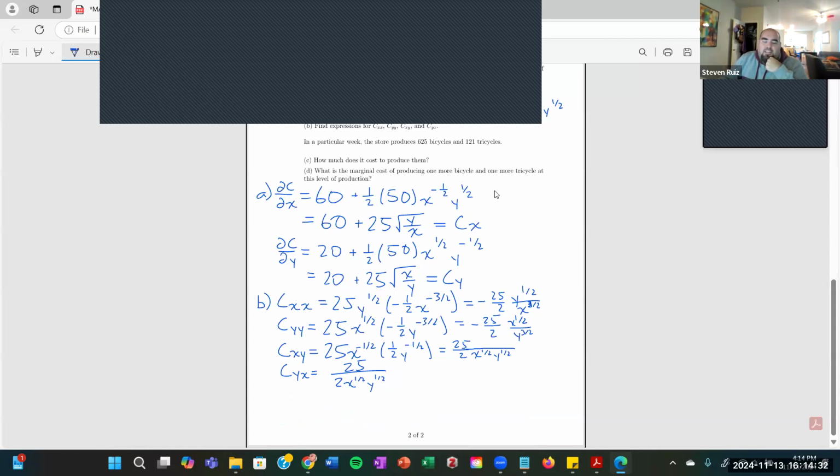All right, so part D, what is part D asking? What's the marginal cost of producing one more bicycle and one more tricycle? Okay, so I really think I need two different values here. So how do I find the marginal cost? The marginal cost comes from the first derivative.